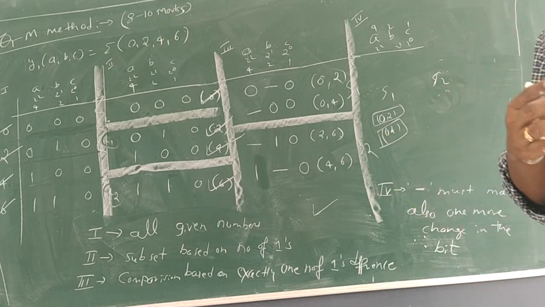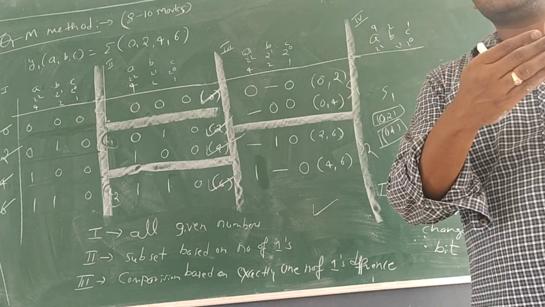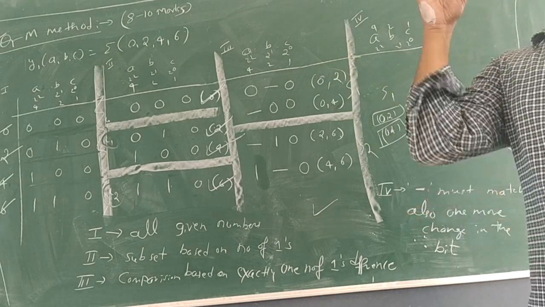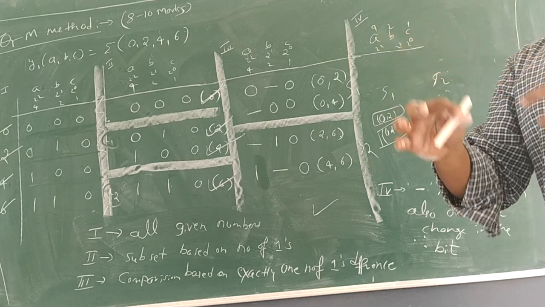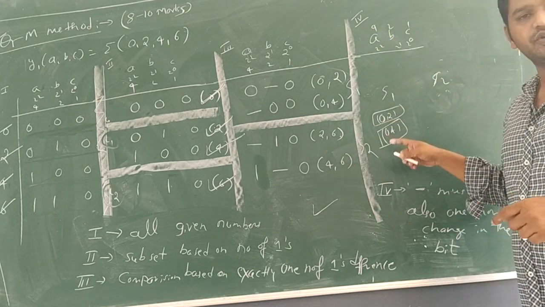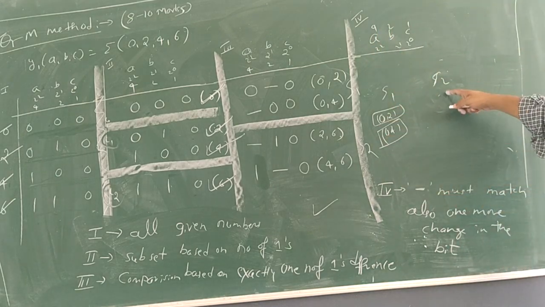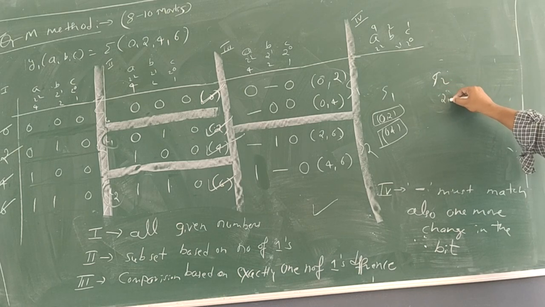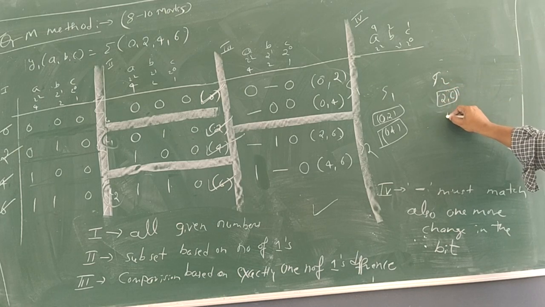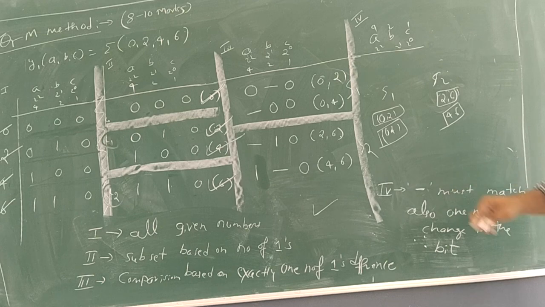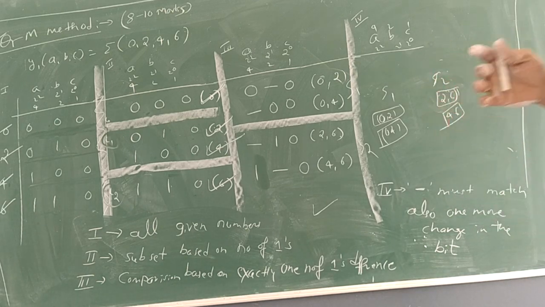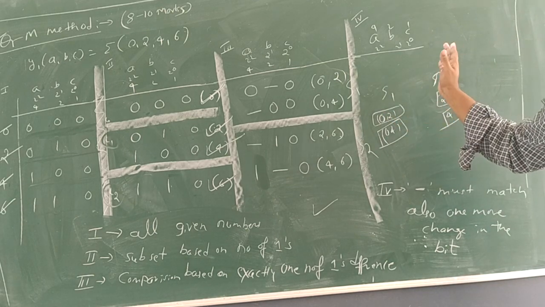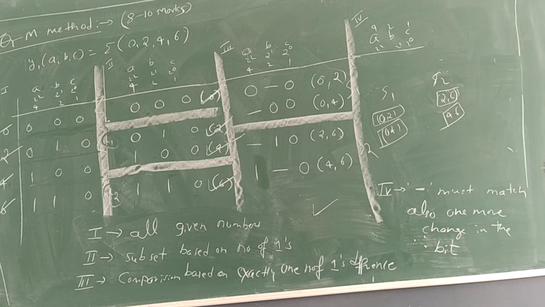You should not think 0 separate, 2 separate, because both are coming together. If you pick something, it has a 0 and a 2. If you pick one more, you will get 0 and 4 together. So what will you get in S2? 2 6 together, 4 6 together. You cannot separate 0 and 2 now. Both are occurring together. Okay?